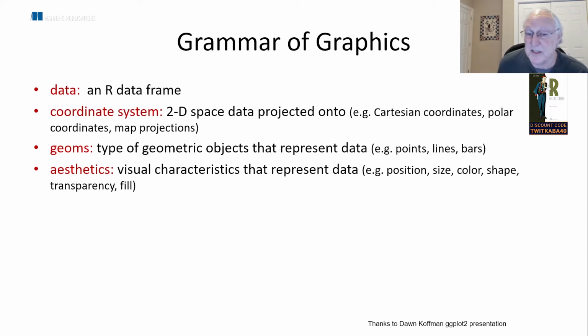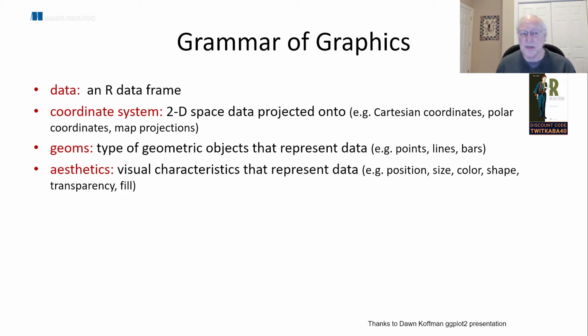And then we might, for example, say that we may use points on our graph, and the color of those points will be mapped to whether the person is male or female. And the size of the points might be mapped to whether or not they're in an applied or a theoretical field. So aesthetics refer to the visual characteristics in the graph that are mapped specifically to variables in our data set.